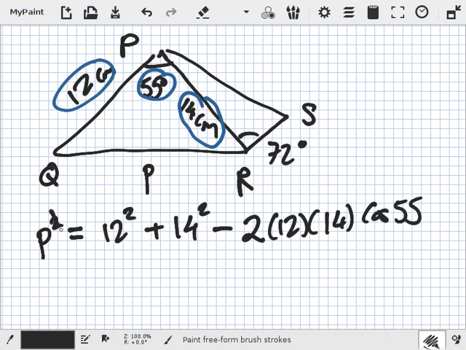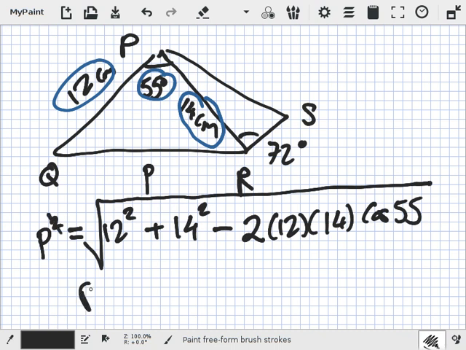So once again, taking out the calculator. 12.14.